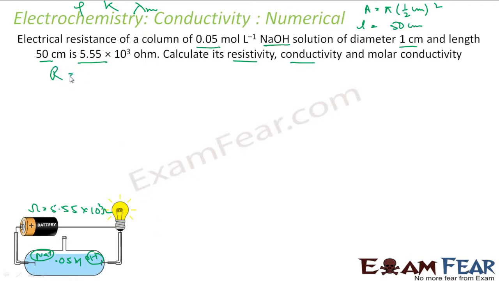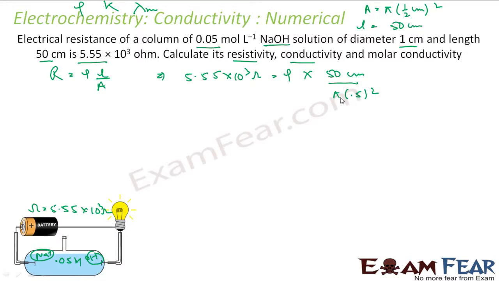The formula we know: resistance is rho L by A. Resistance is given, rho is resistivity we have to find, length is given, A is given. Let's put all the values. 5.5 into 10 to the power 3 ohms is equal to resistivity into length 50 centimeter by area, that is pi into 0.5 square.